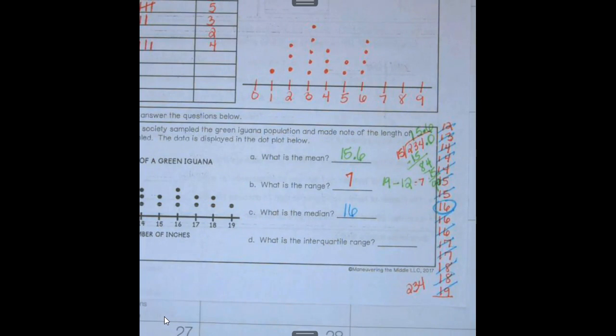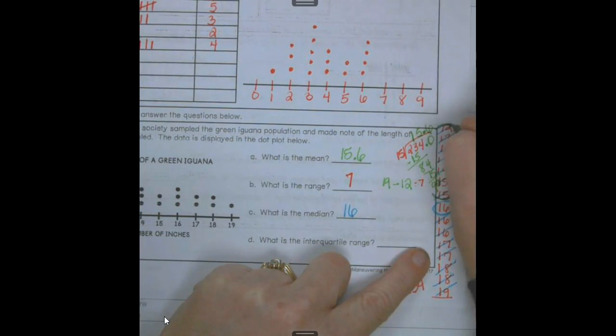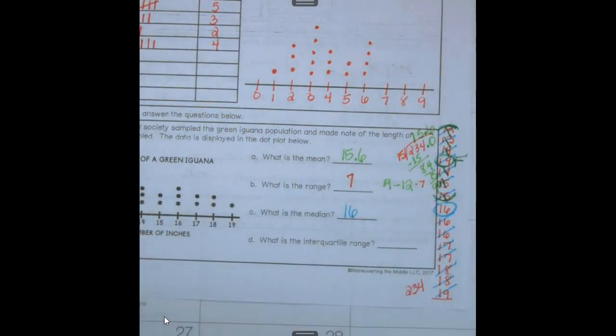Now, my interquartile range. The interquartile range. I am going to take the lower half and find the median of this lower half. The median of this half, and my median is 14.